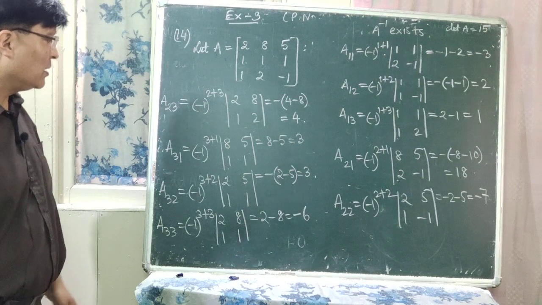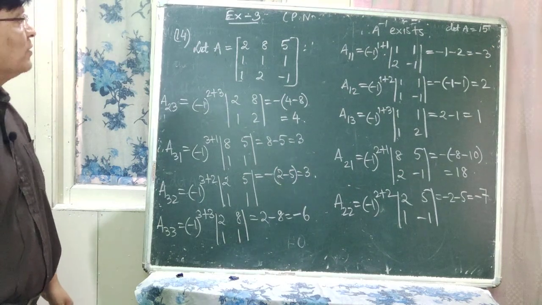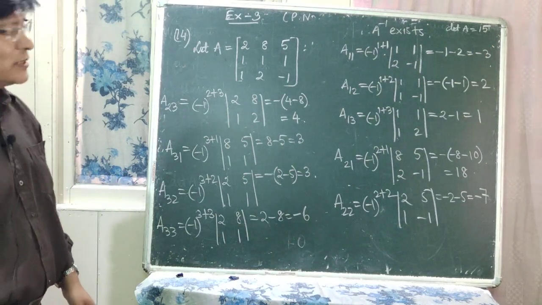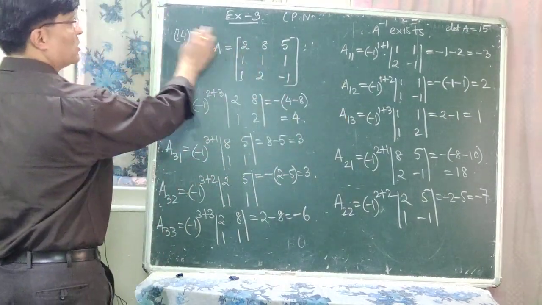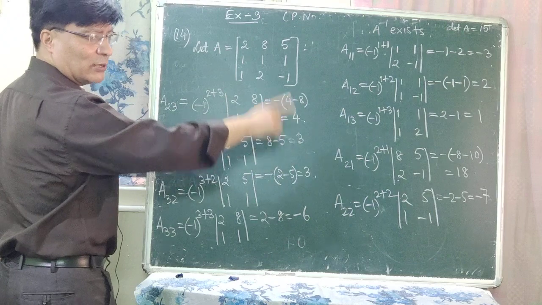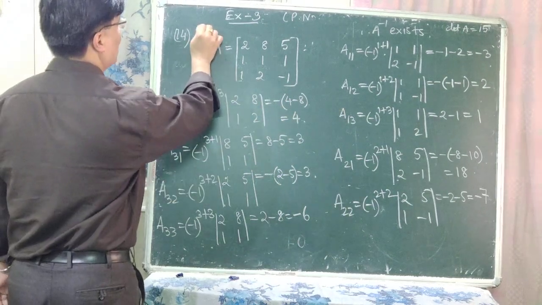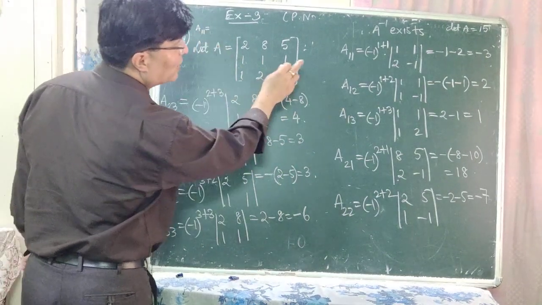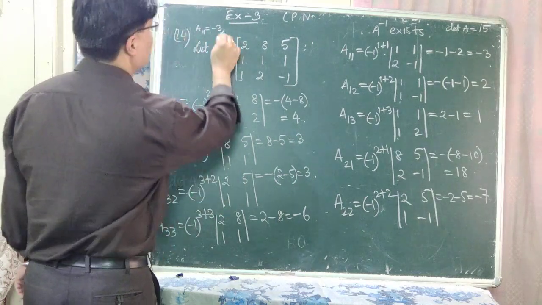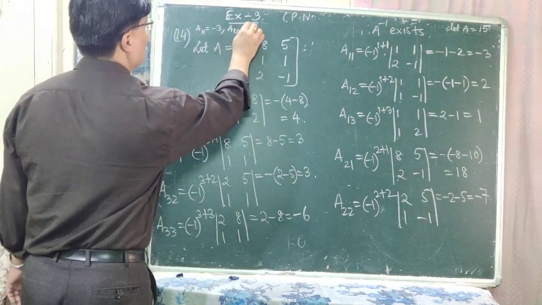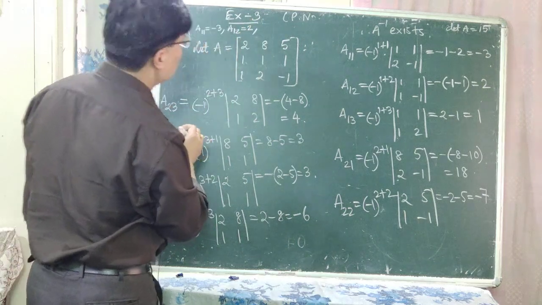So we have got the cofactors of each element of the matrix A, right? So let us write it here, A11, because we need this one. I'll rub it. What was A11? It is minus 3. A12 is 2.